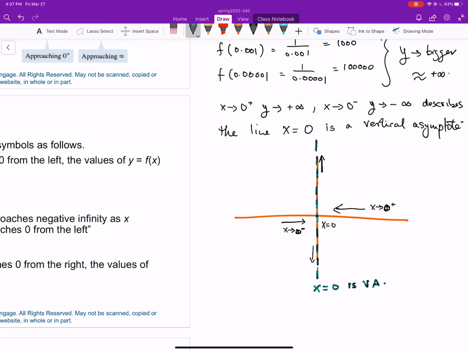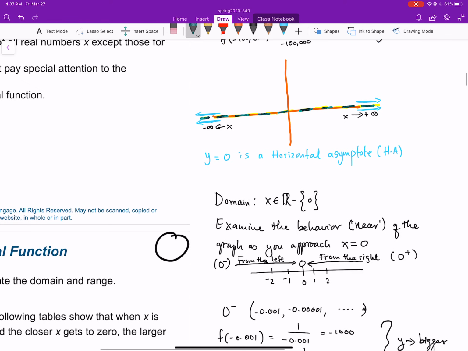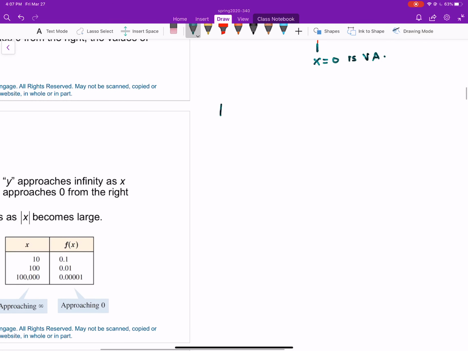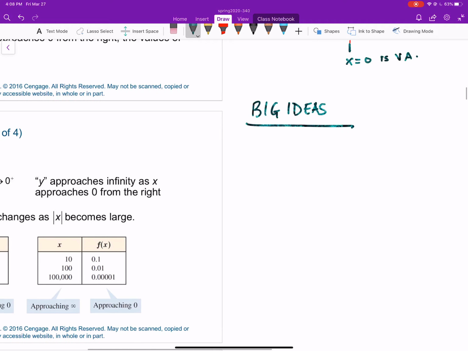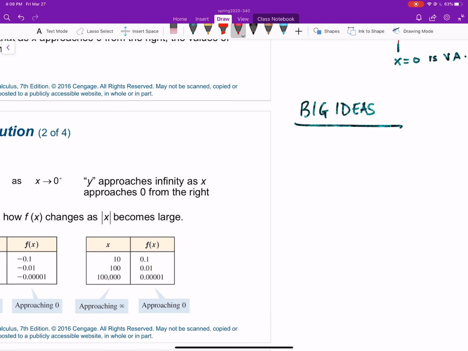So big themes that came out of these two examples, looking at horizontal and vertical asymptotes, are these. Big ideas. When you divide 1 by a big number, it approaches 0.